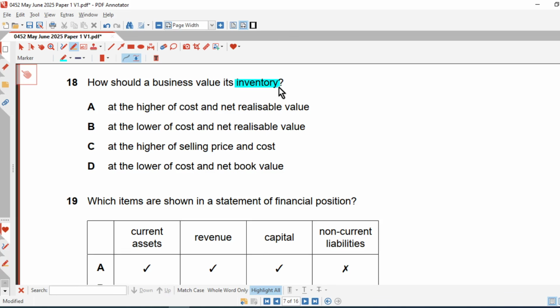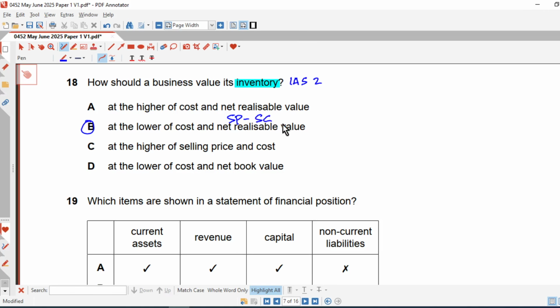I know you're not doing accounting standards in the IGCSE paper, but when you go to ACCA, or you start doing a diploma, you will learn, okay, inventory is governed by IAS 2, International Accounting Standards 2, and this accounting standard specifically states that inventory is valued at the lower of cost and net realizable value. So the lower of cost and net realizable value, which is your selling price minus selling cost.